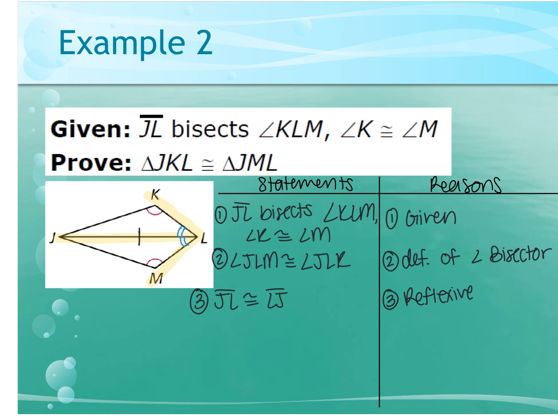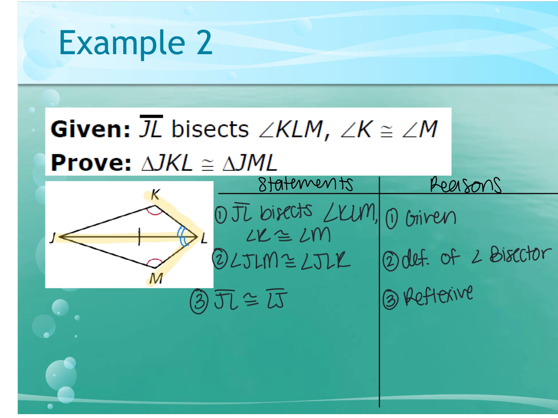All right, now that I figured out that they're reflexive, do I have enough information to prove that these triangles are congruent? Yes, I do. I proved that the triangles are congruent by what? Angle, angle, side.